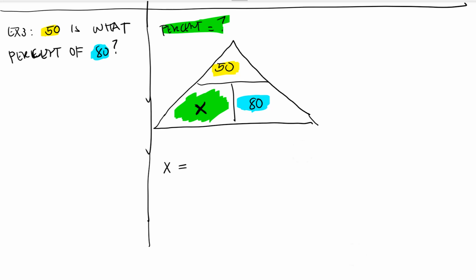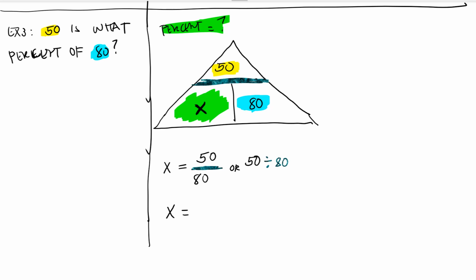Same thing as before, that tells us that the operation is division because 50 and 80 are separated by this horizontal line, which is just the same thing as 50 divided by 80. So what is 50 divided by 80?